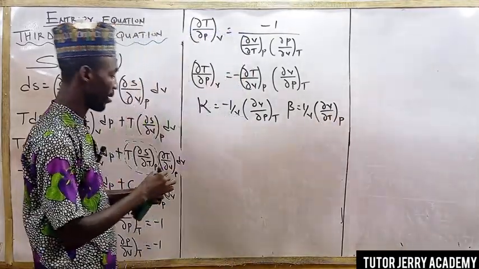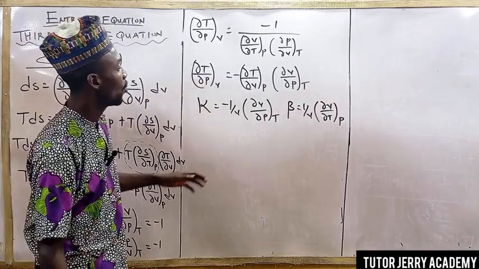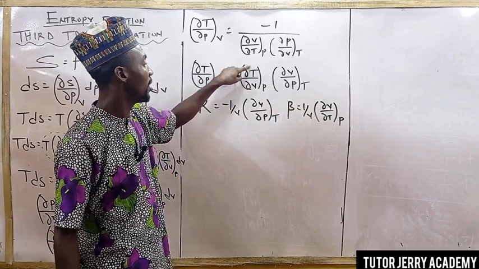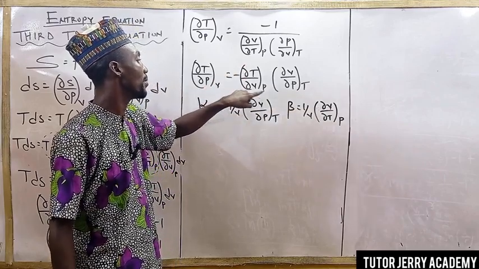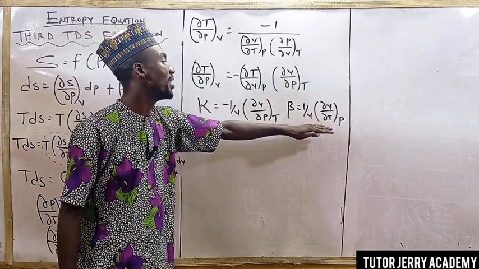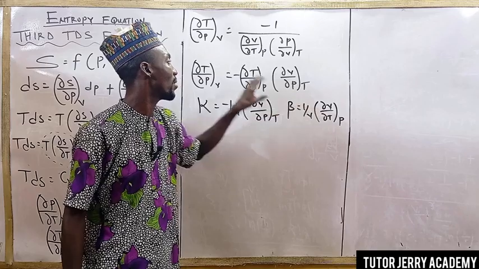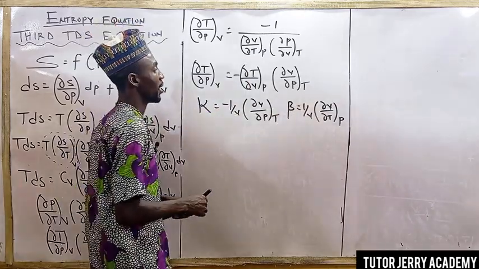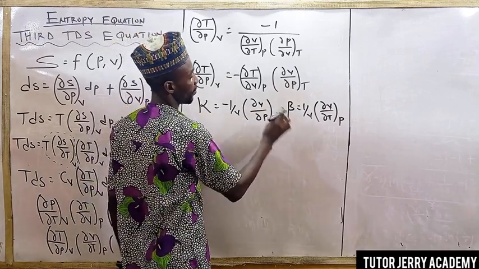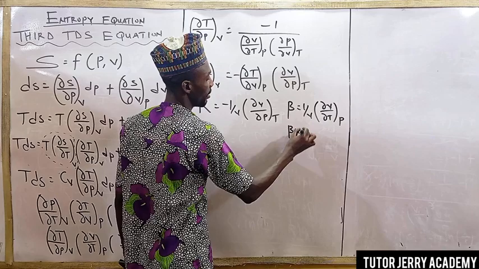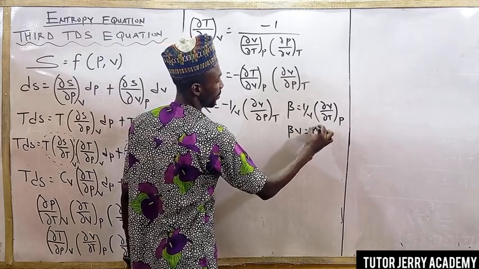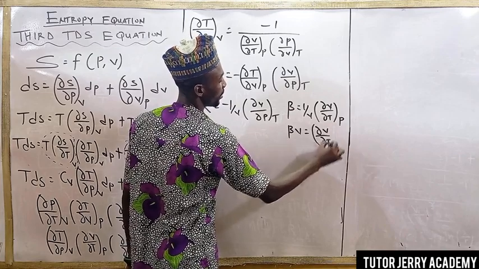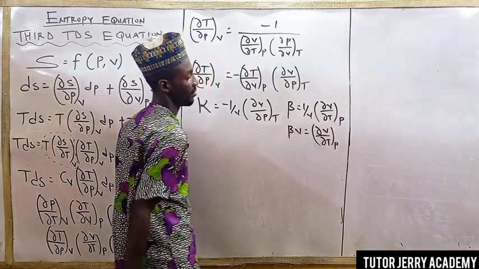All right. Now, here we have the partial derivative of T all over the partial derivative of V, keeping T constant. That is, we have the inverse of what we have here. So if we decide to make what is here the subject, by cross multiply, I'm going to have beta V equals the partial derivative of V all over the partial derivative of T, keeping P constant, right?